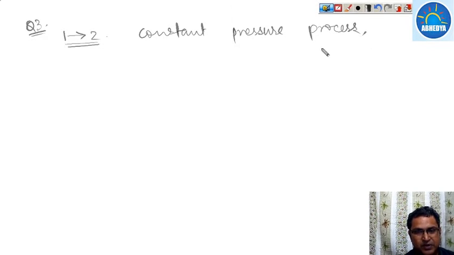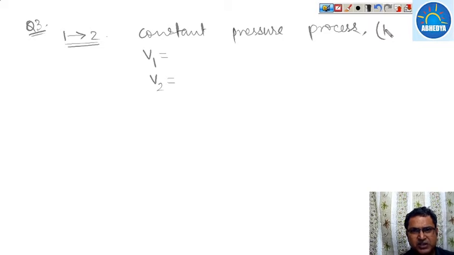Question number 3. From state 1 to state 2, it is a constant pressure process. What is the volume at state 1 and what is the volume at state 2?